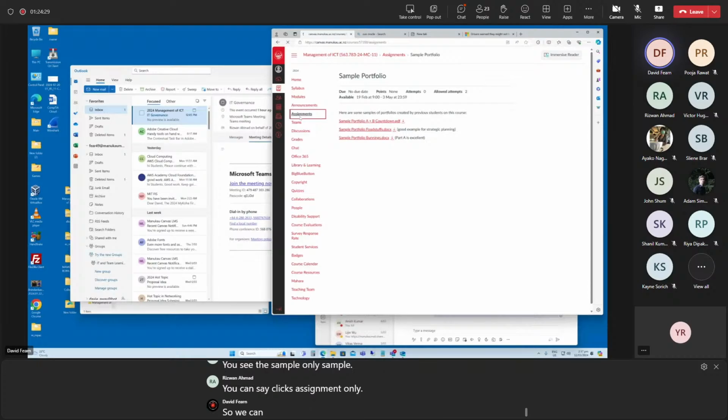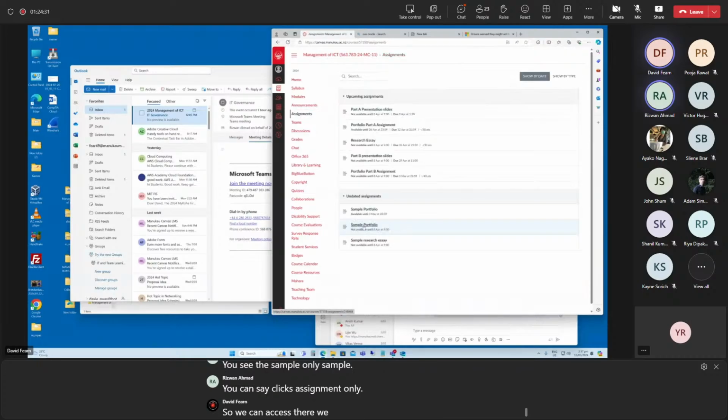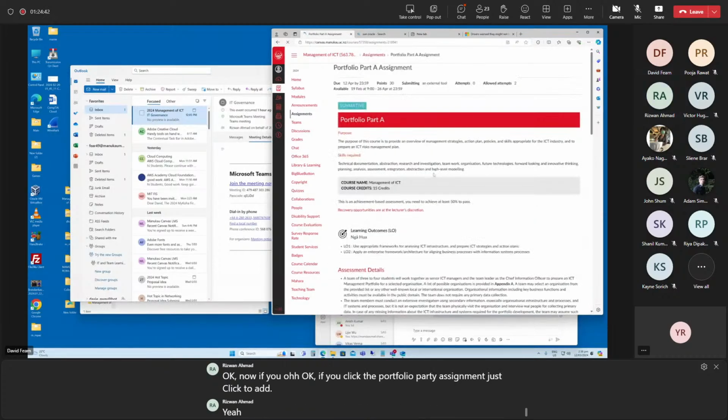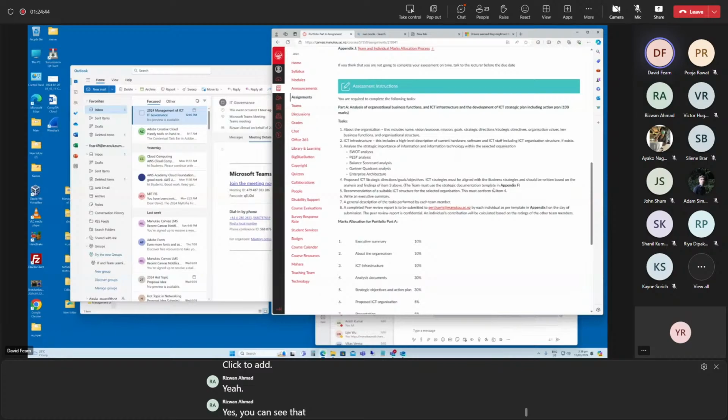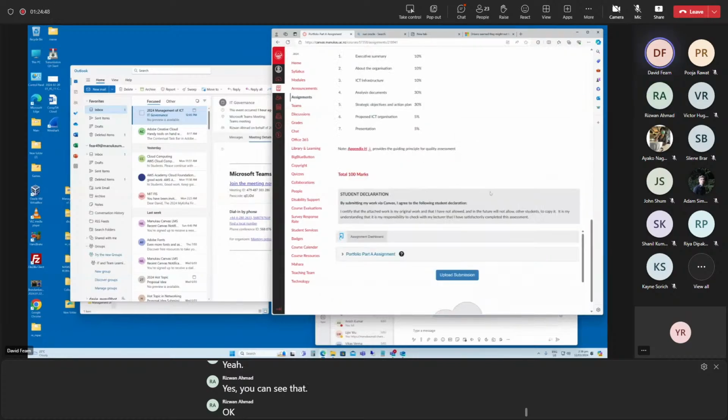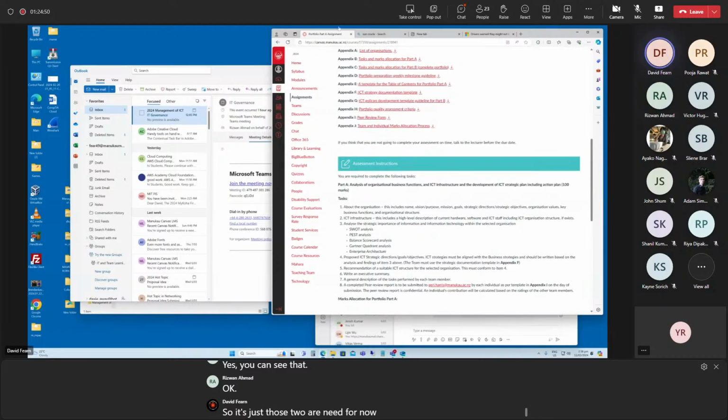So we can access that. If you click the Portfolio Part A assignment, just click that. Yes, you can see that. Okay, cool. So it's just those two we need for now. Okay, I'll stop sharing.